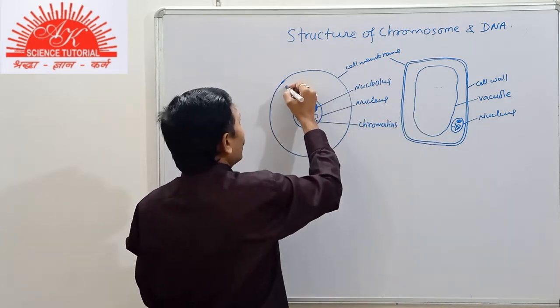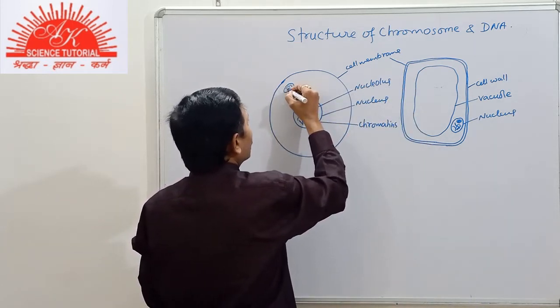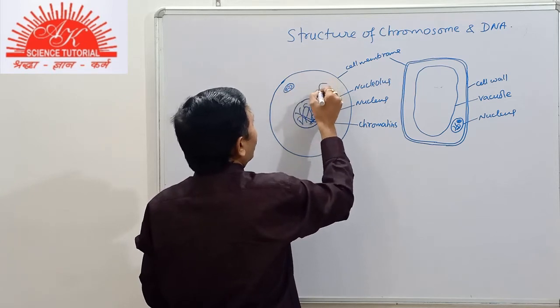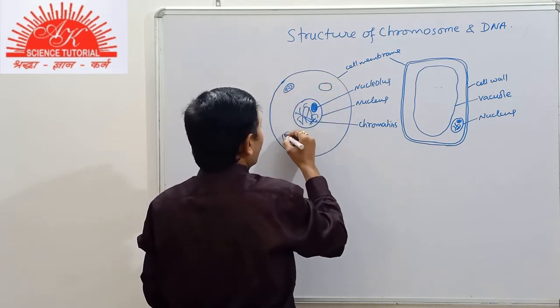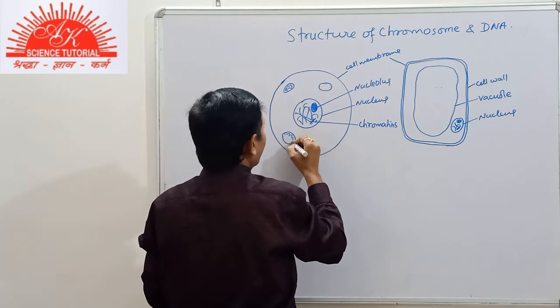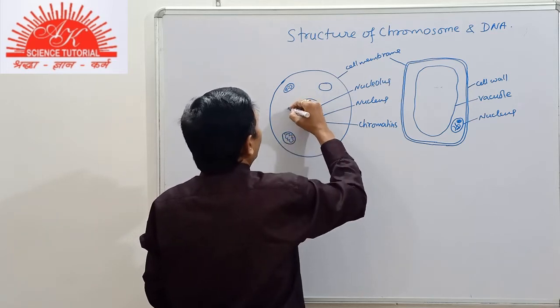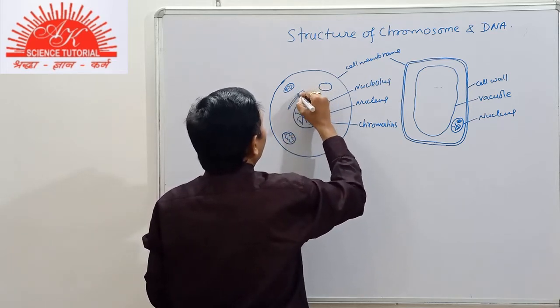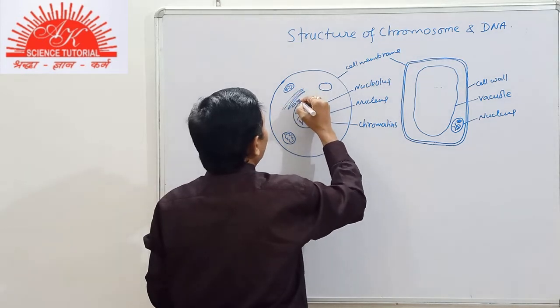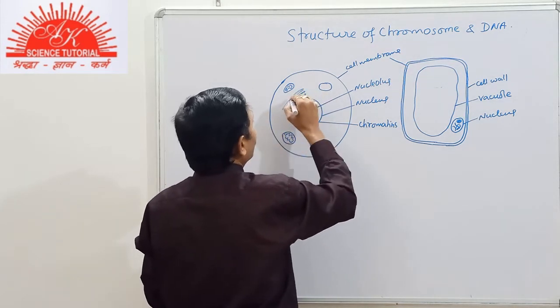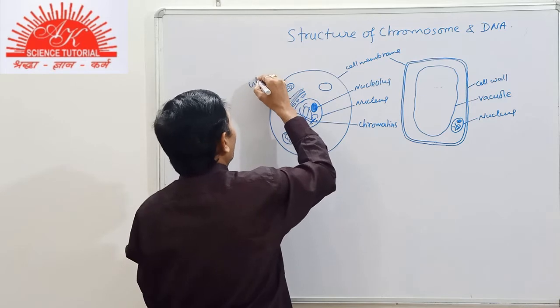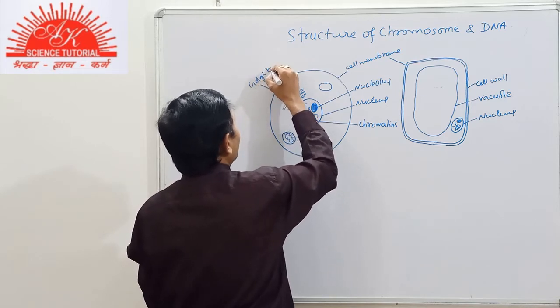Then there are many cell organelles, like this is the mitochondria. Now there are many flattened sac-like structures, that is Golgi body or Golgi apparatus.